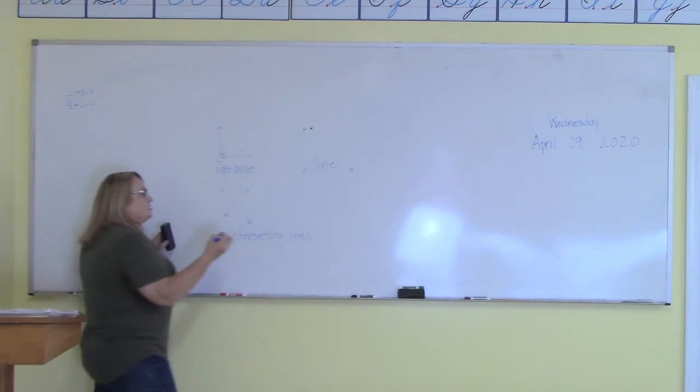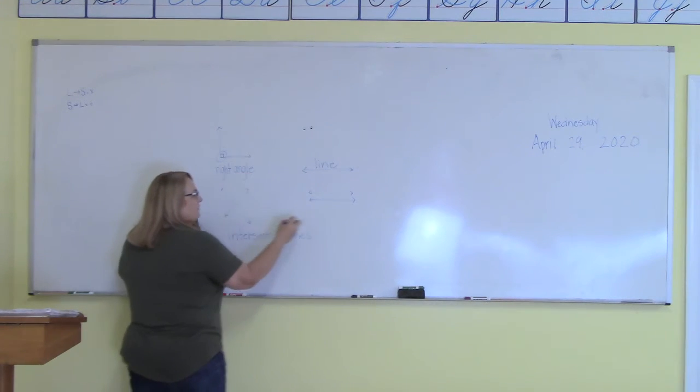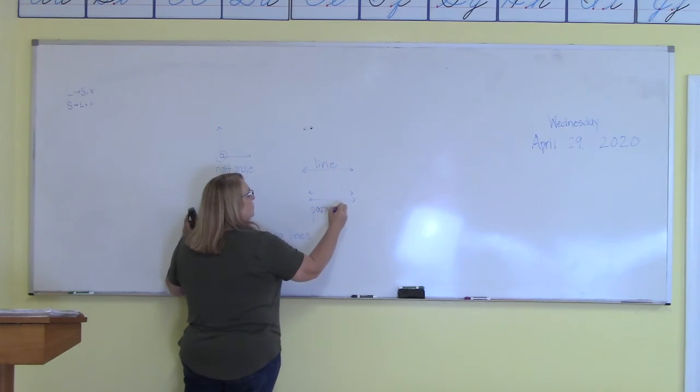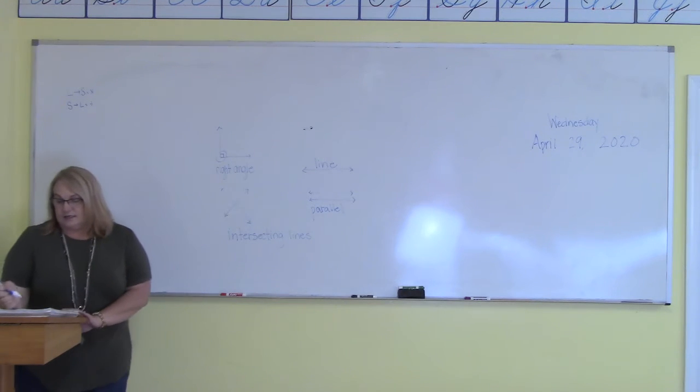And then H, if you have two lines, you keep going straight, they never intersect or never cross, those are called parallel lines.